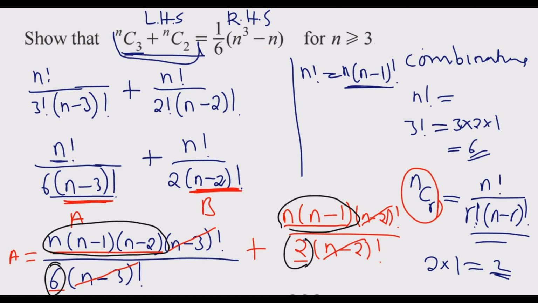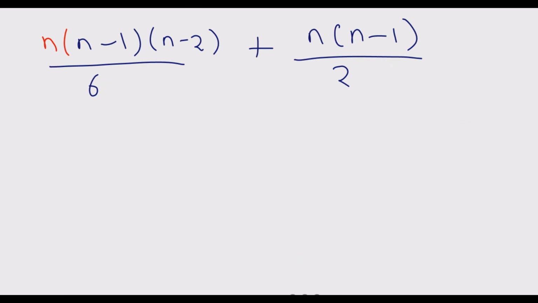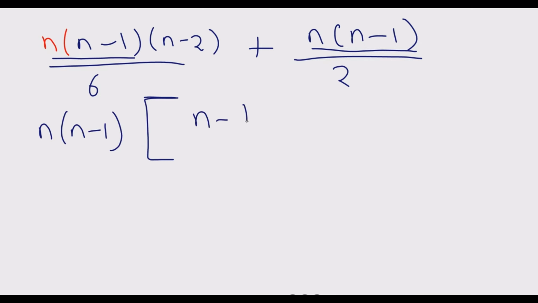Then from there we can simplify. So we look for what is common. You notice that this one and this one are common. So we are going to have n minus 1 common to both sides, then n minus 2 over 6, then plus 1 over 2, like this.